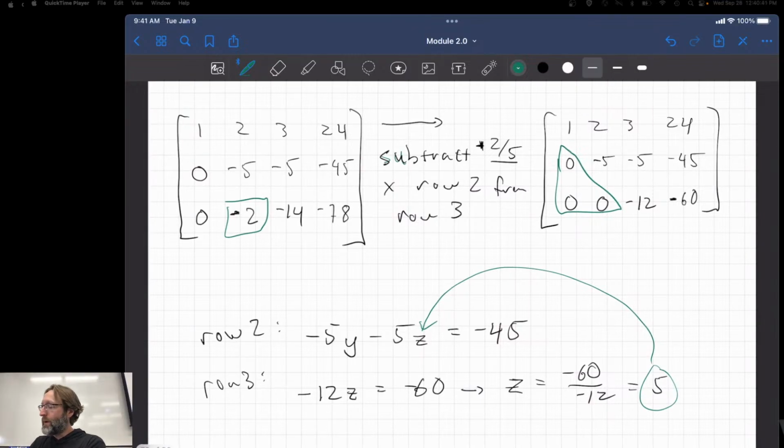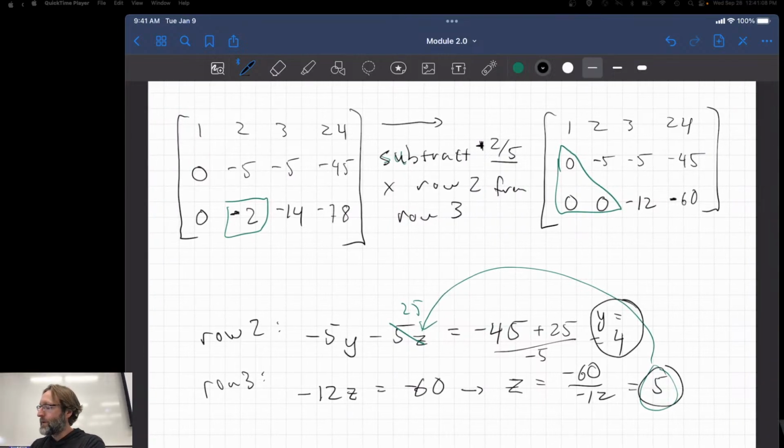This is negative 25. So how do we solve for y? Well, take negative 25 onto the other side. Plus 25. And then divide all of that by negative 5. That's going to be negative 20 divided by negative 5. That's going to be 4. Right? Y is equal to 4.